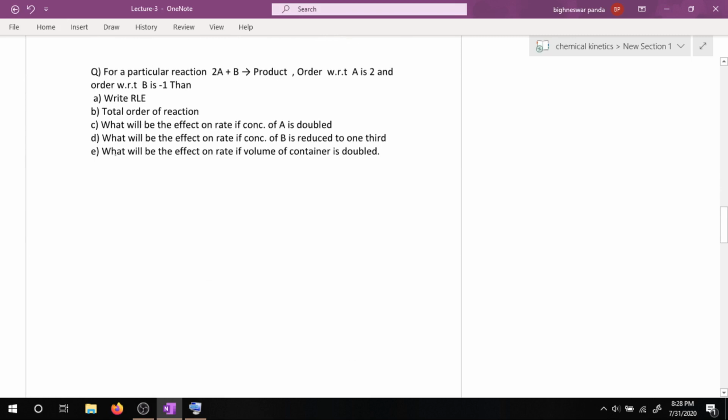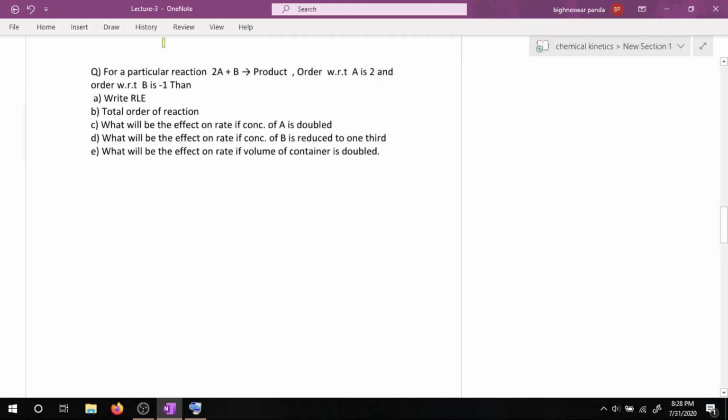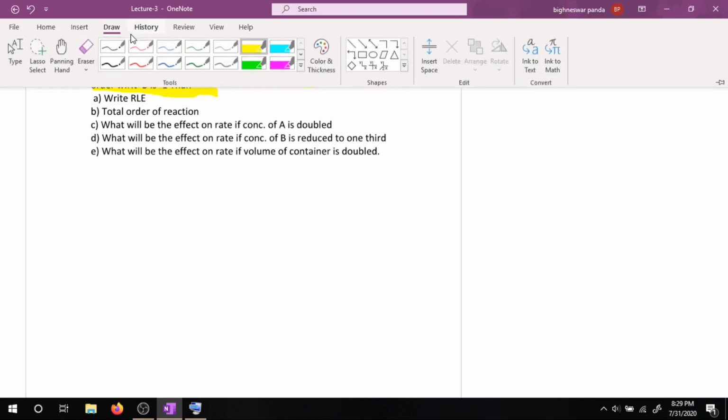Read carefully or take a screenshot. For a particular reaction 2A + B gives product, the order with respect to A is 2 and the order with respect to B is -1. So what is given here?